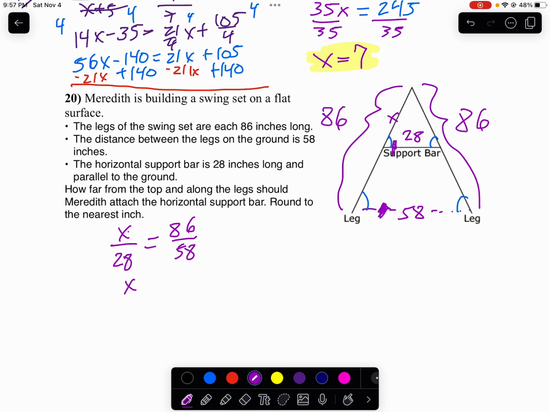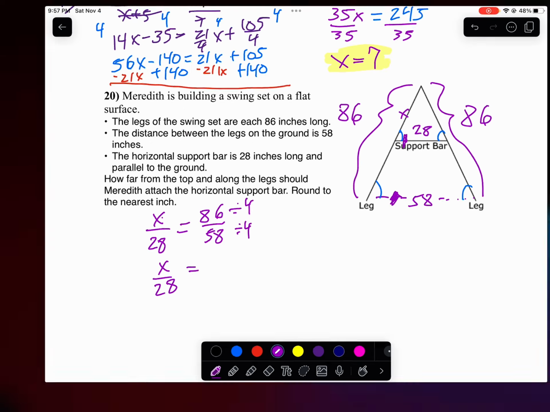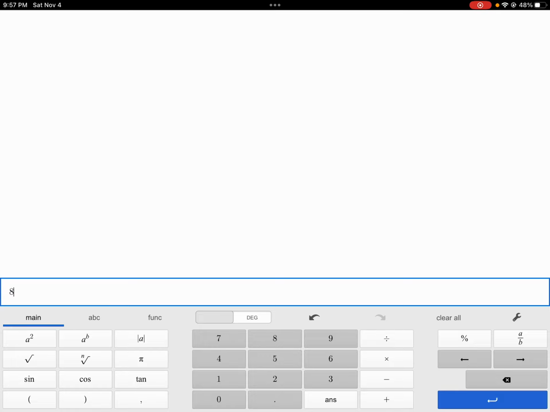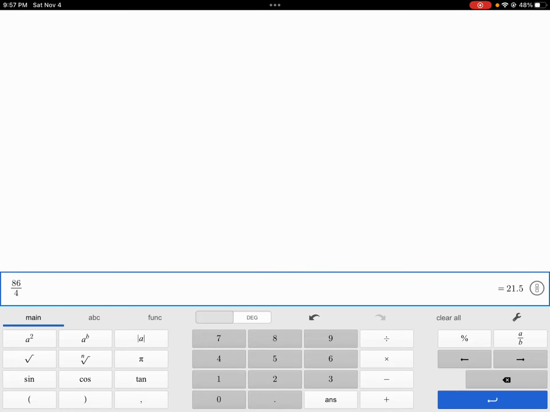First thing I notice, I can reduce 28 over 86 and 58. Let me see here. I think I can divide by 4. Let's find out. Let's take 86 divided by 4. Oh, that doesn't work, does it?